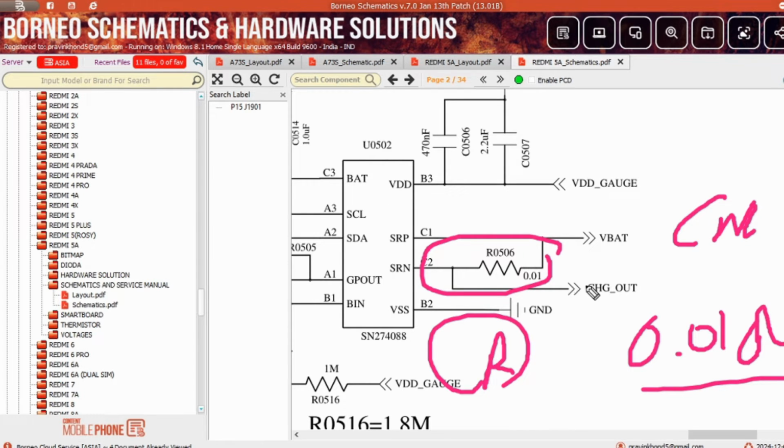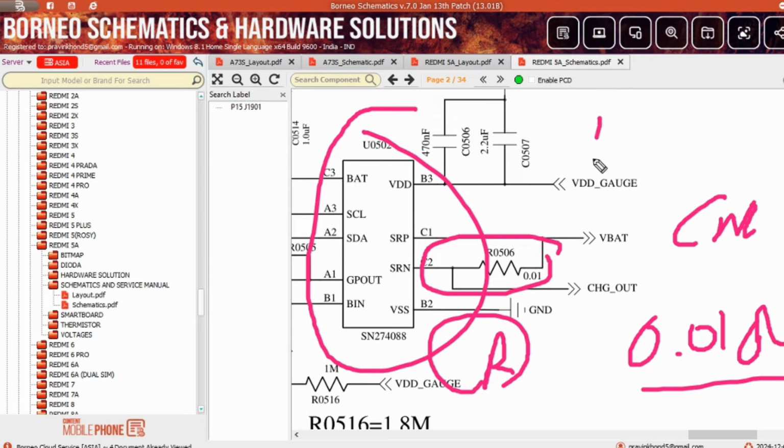Now this resistance has one side connected with V battery, voltage battery, meaning the battery connector, and the other side connected with the charging out line. So both sides are connected with two lines connected to this IC. What is this IC? This IC is called the fuel gauge IC. I will tell you each and every pin in a few minutes. After completing all the pins of the BQ IC, I will tell you all these pins and how this IC works.